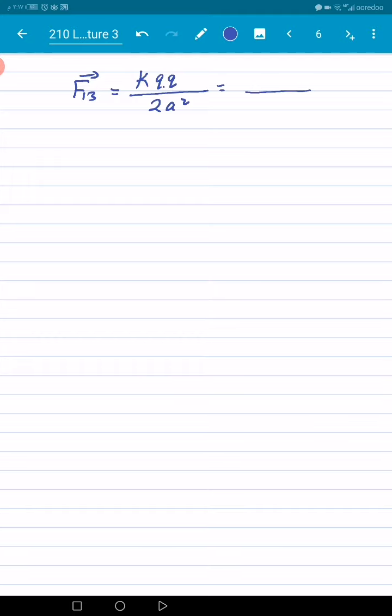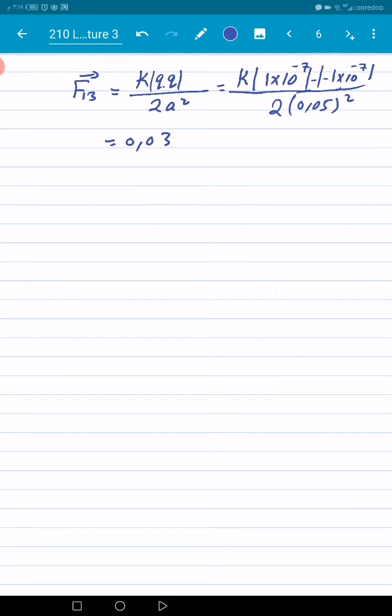So it's equal to k, 1 multiply 10 to the power minus 7, minus 1 multiply 10 to the power minus 7, its absolute value, divided by 2a, 0.05 squared, so it's equal to 0.036 Newton. You can check all this value. If I make a mistake, we can correct it together.